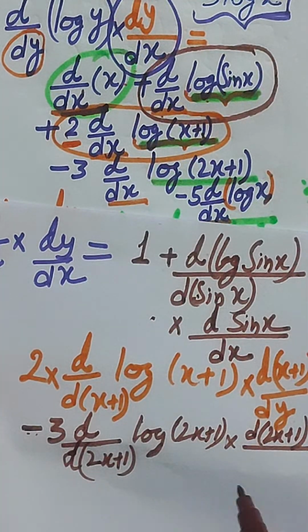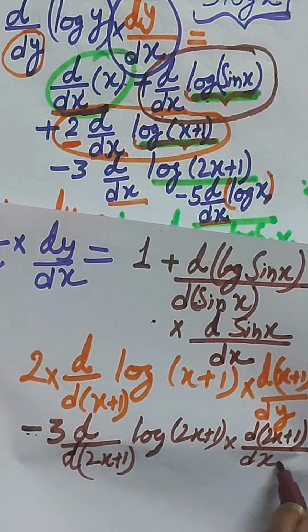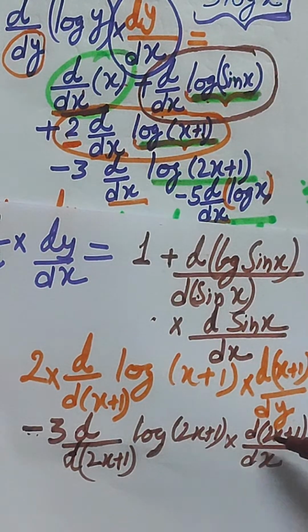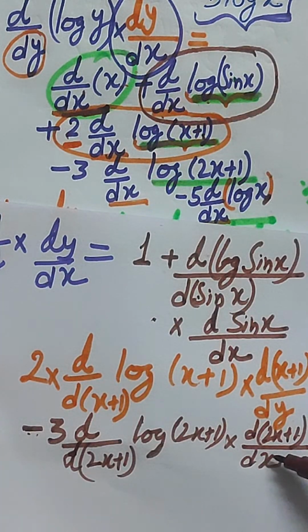And into the denominator we have d of x. So now at this step this can be easily differentiated, right? Because a function of x needs to be differentiated with respect to x, right?